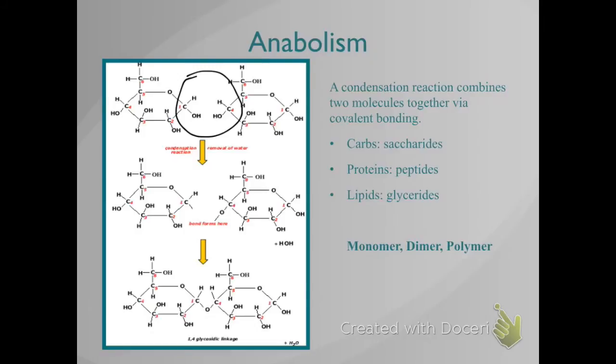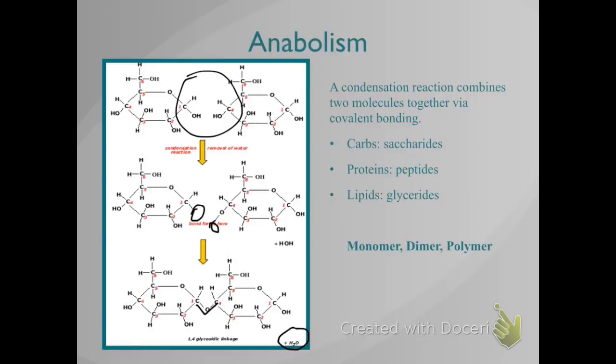And essentially what you need to know is when a condensation reaction occurs, we lose a hydroxide from here and a hydrogen from here, and that allows a place for these two to then bond together. And we have a waste product of water. So when these two combine, they combine in a way that one molecule of water is produced.